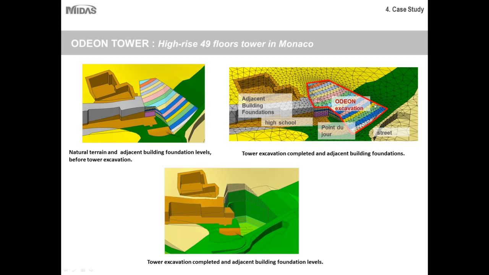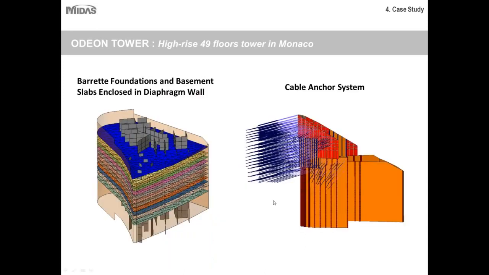Through this staged construction analysis, they're able to see how each stage of this excavation gradually affected these adjacent foundations. And then once the excavation study was done, once they were able to ensure that the retaining wall structures or their temporary support structures would ensure the safety of the neighboring infrastructure, then they were able to design the foundation itself, along with the cable anchor system, which was necessary to ensure the structural integrity of the foundation.